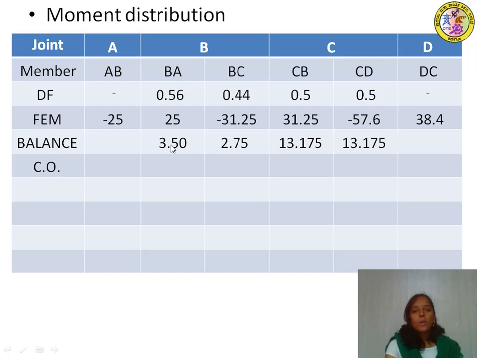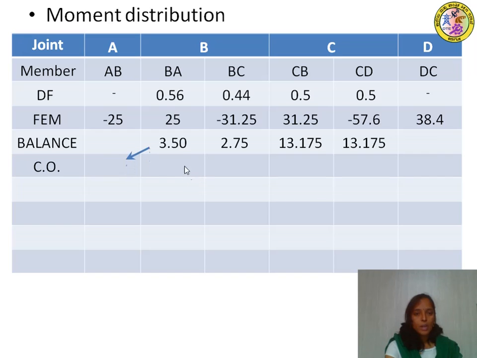We have applied a moment at joint B. For member BA, AB will be the far end, and for member BC, CB will be the far end. From BA to AB, when you apply a moment of 6.25 at joint B, half of the moment will be carried to the far end since end A is fixed.